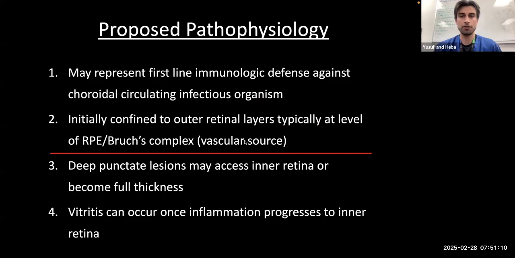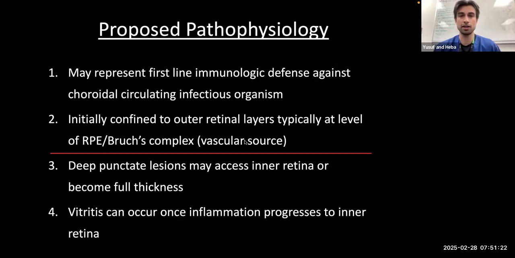As far as the proposed pathophysiology for the PORT variant of toxoplasmosis, this may represent a first-line immunologic defense against the choroidal circulating infectious organism. And this inflammatory cascade is initially confined to the outer retinal layers, typically at the level of the RPE and Bruch's complex. So right where that red line is, it's where the PORT variant's inflammatory cascade is limited to.